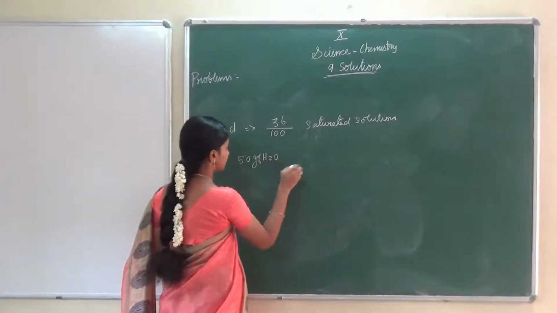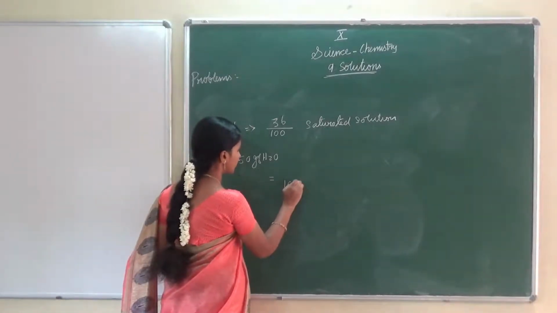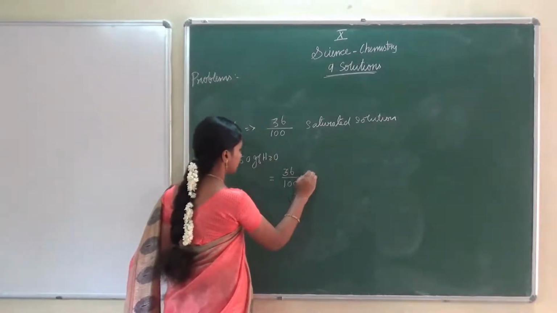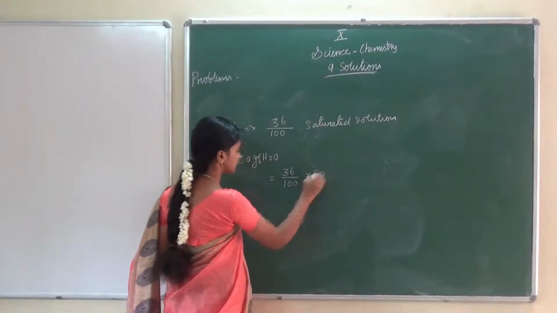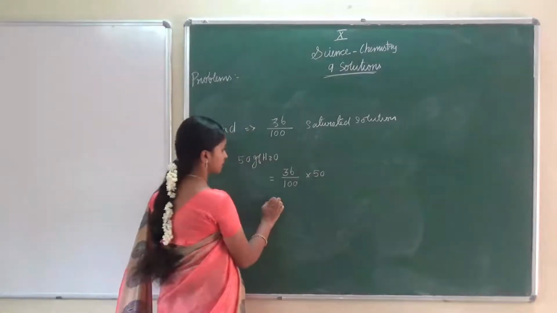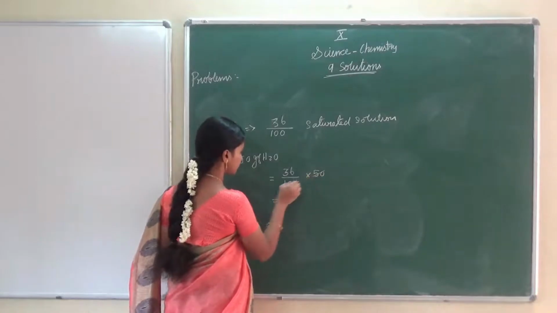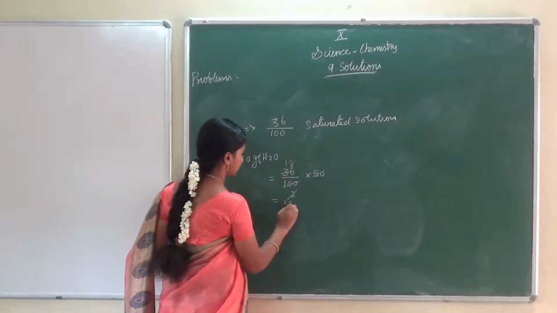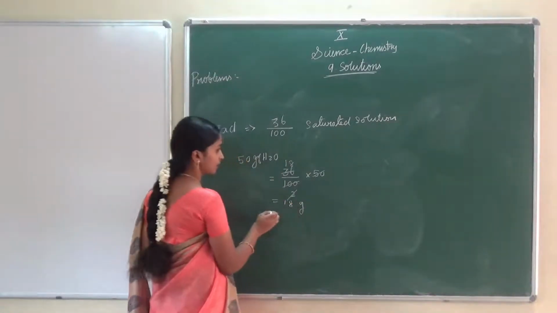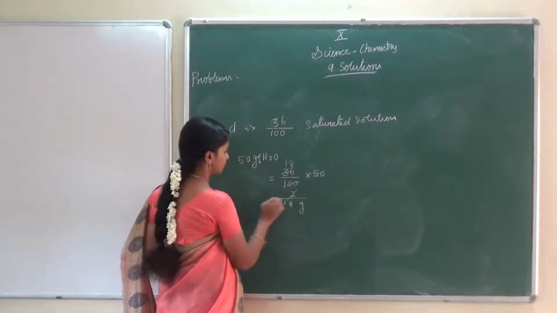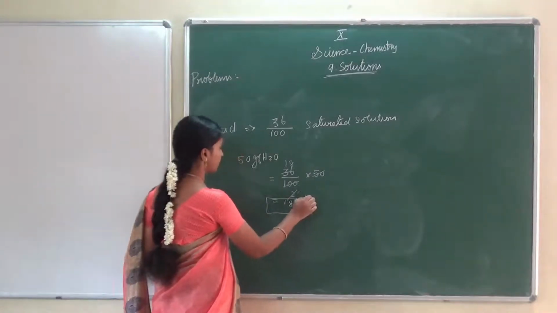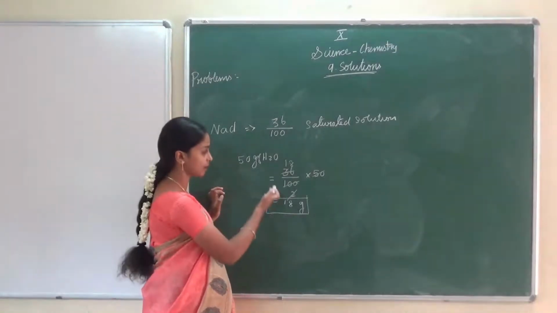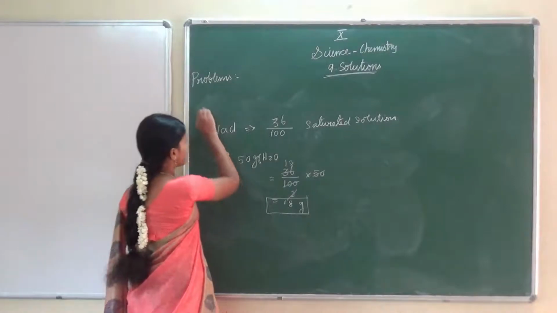For 100 gram of water, the NaCl required is 36 gram. Then for 50 gram? Just multiply by 50 over 100, so you will get 18. Okay, so 18 gram of NaCl is required to prepare a saturated solution in 50 gram of water. Okay, so copy down this third sum.